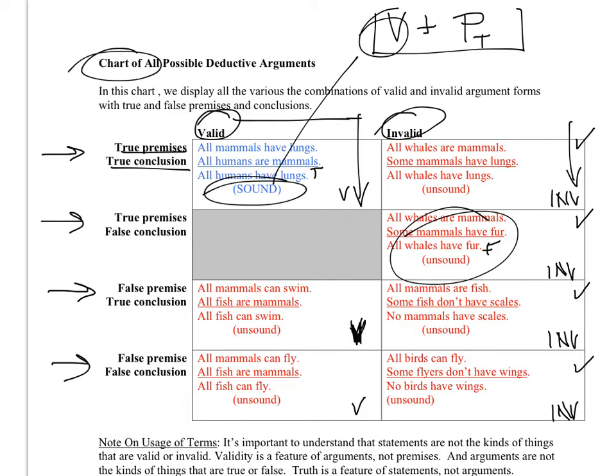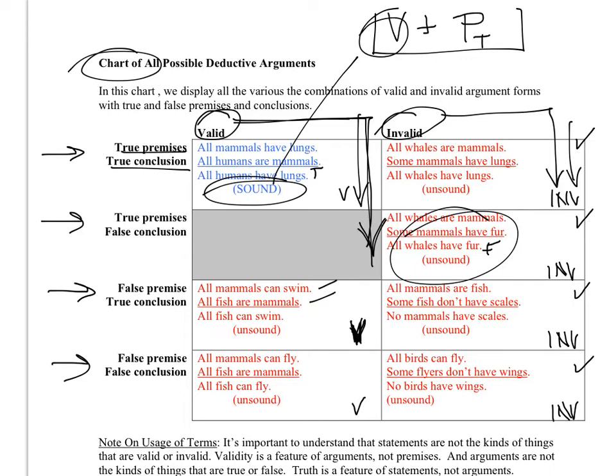All of these are the valid arguments. These are all the invalid arguments. Even though you are working with a valid argument structure, if you are working with bad information, namely false premises, you're still not going to have a sound argument, which is the kind of argument you want for a deductive argument.